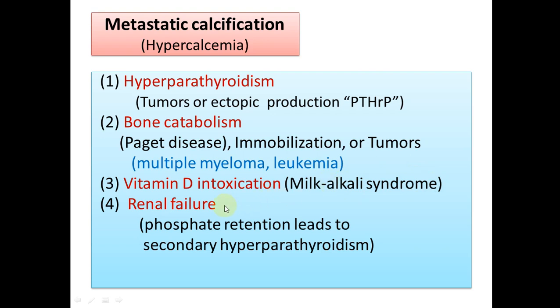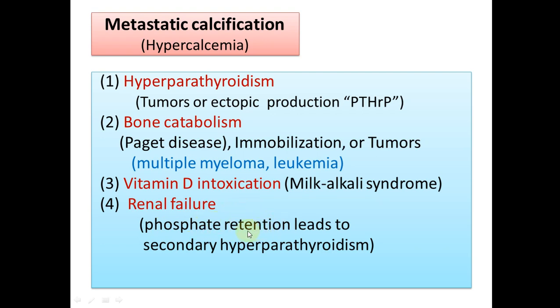The renal failure. In renal failure, what happens is that normally the parathyroid hormone causes increased excretion of phosphate. But if the kidney is damaged and phosphate cannot be excreted, it will lead to retention of phosphate in the blood, and this phosphate will bind calcium.